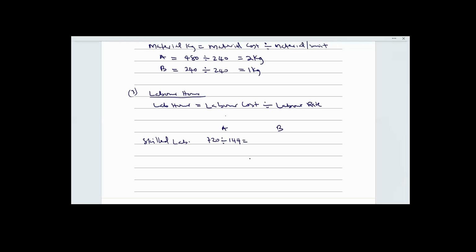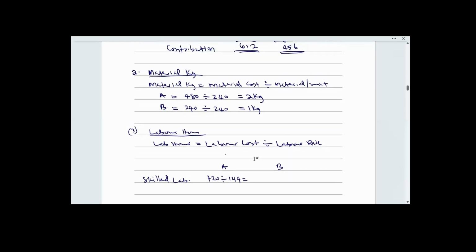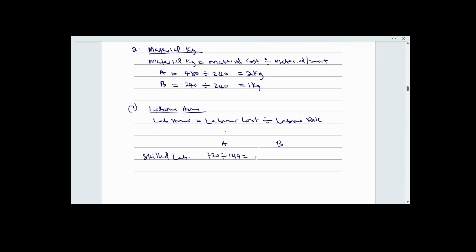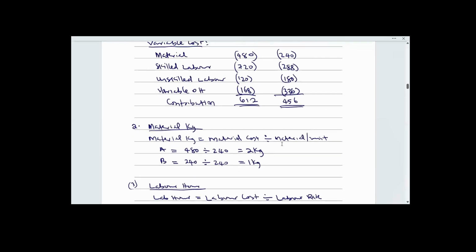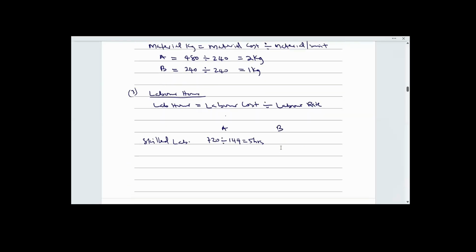What do you have? 5 hours. Then for B, 288 naira divided by 144 is 2 hours.